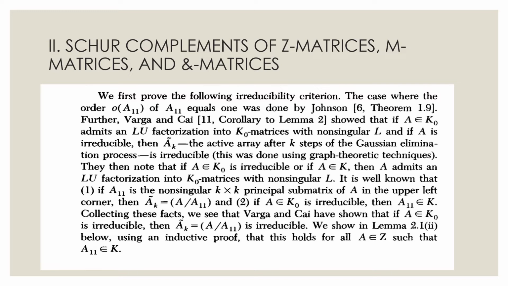It is well known that if A11 is the non-singular k by k principal submatrix of A in the upper left corner, then A bar K is equal to A/A11.